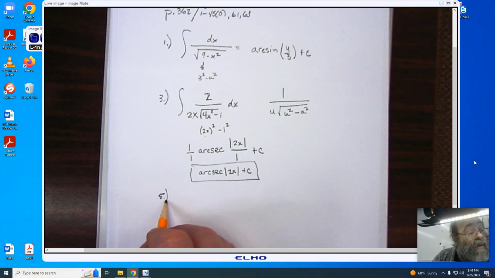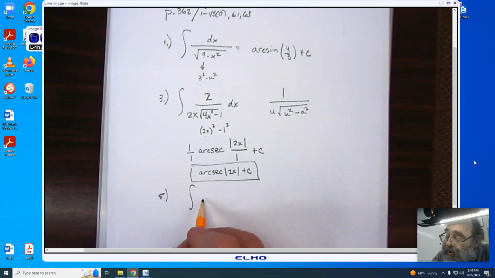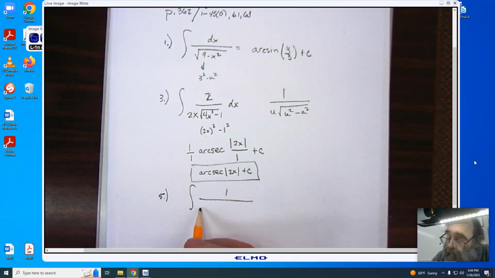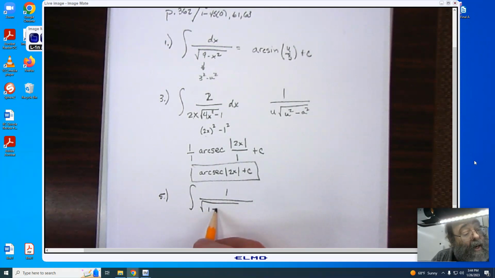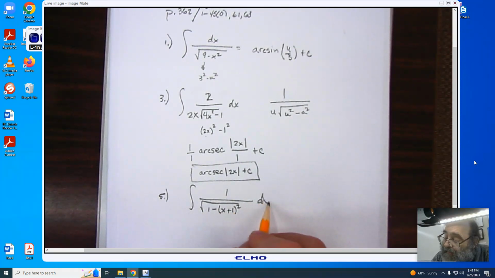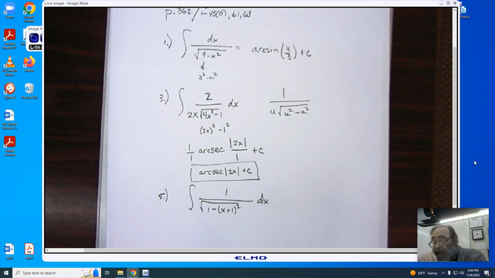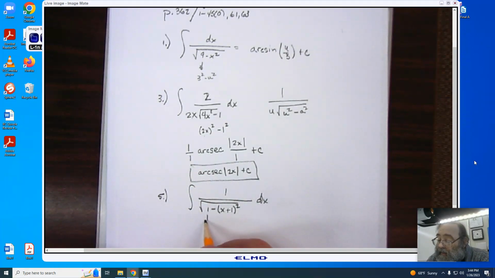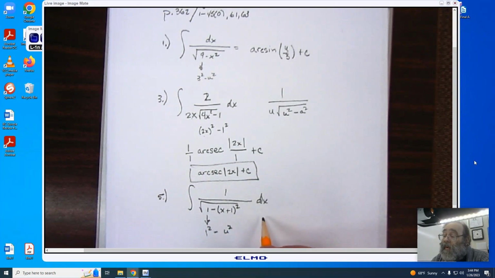Number 5 is giving me the integration. We have the square root of 1 minus x plus 1, the quantity squared, and we have our dx. 1 squared minus the variable u squared, and I know I'm working with the arc sine.